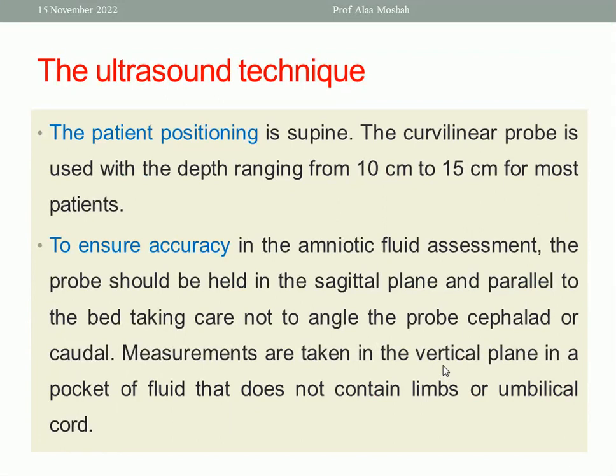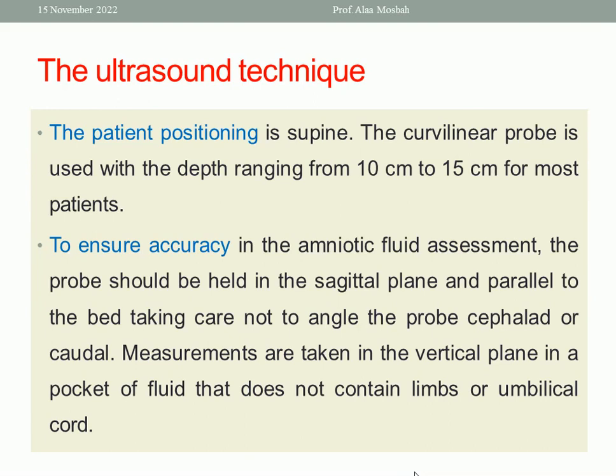What is the technique? The patient is positioned in supine position, and we are going to use the curvilinear probe with depth ranging from 10 to 15 centimeters for most patients. The probe should be held in the sagittal plane and parallel to the bed, taking care not to angle the probe cephalad or caudal.